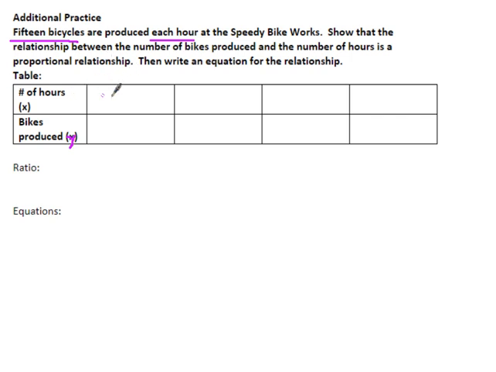If 15 bikes are produced each hour, if they work 1 hour, that means 15 bikes are produced. What happens if they work 2 hours? I multiplied by 2, so I'm going to multiply by 2. That means 30 bikes would be produced. 3 hours, I'm going to go up by another 15, so 45 bikes are produced. And then 4 hours means I'm going to add another 15 to get to 60.